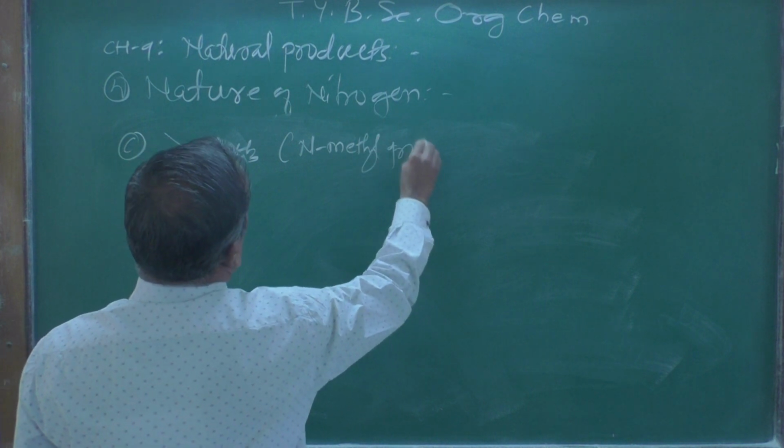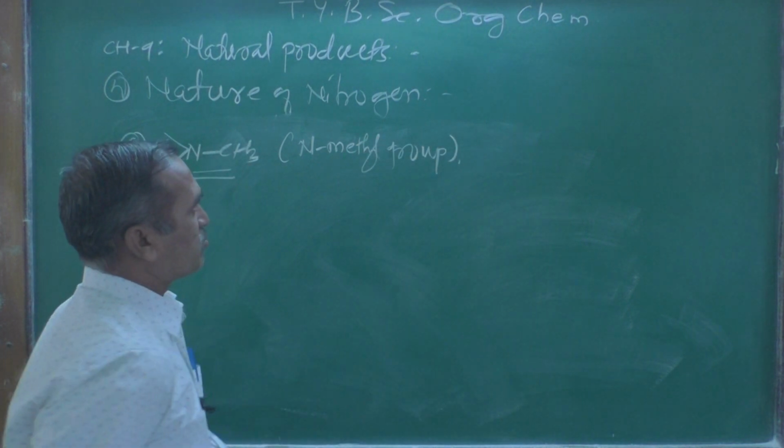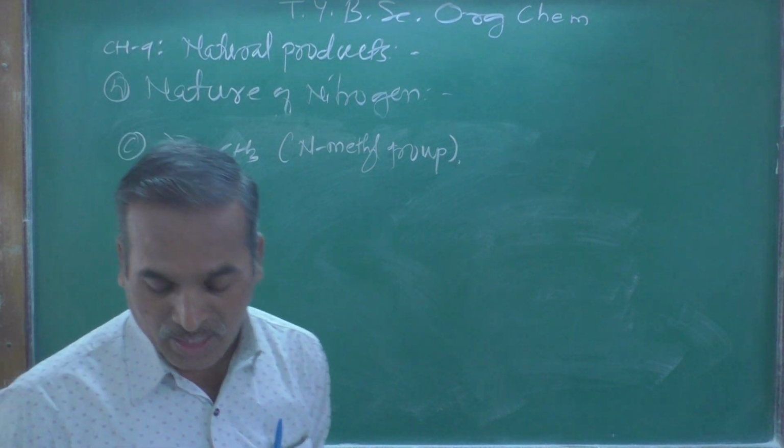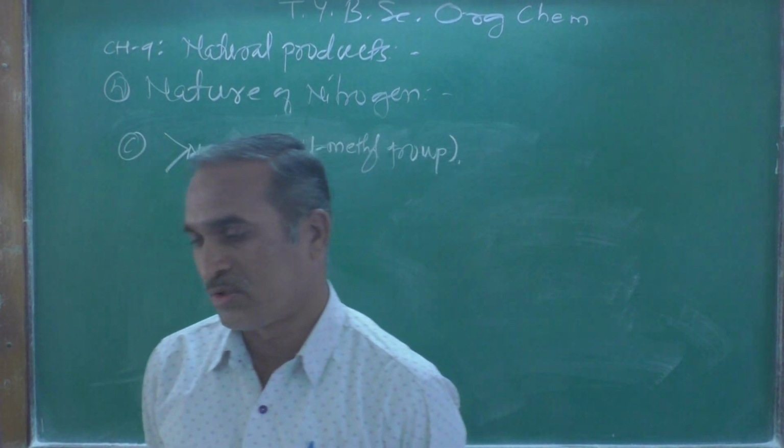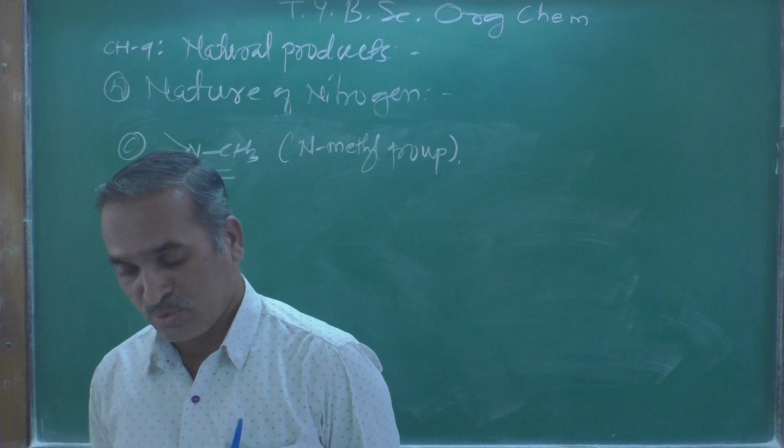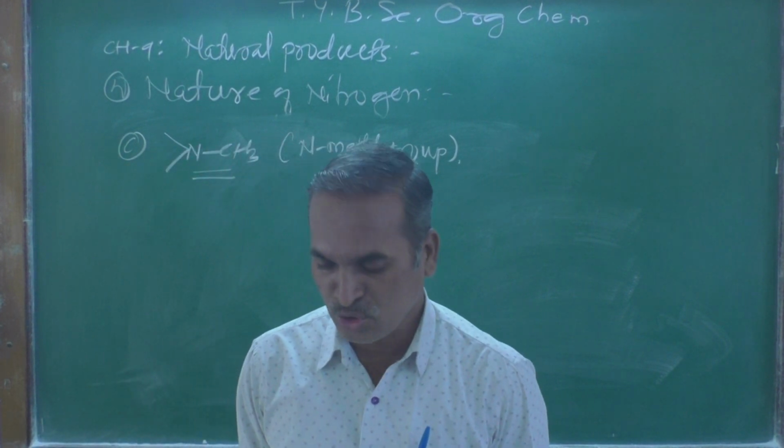How will you prove the presence of an N-methyl group in an alkaloid, for example ephedrine, which we are going to discuss shortly?